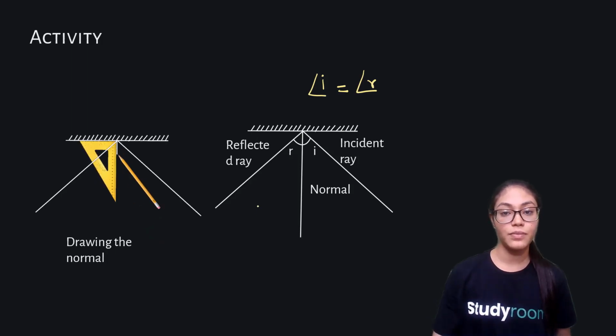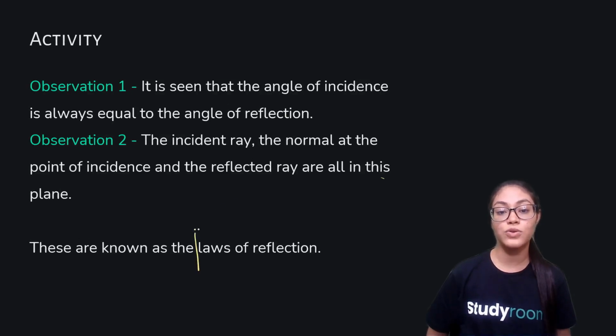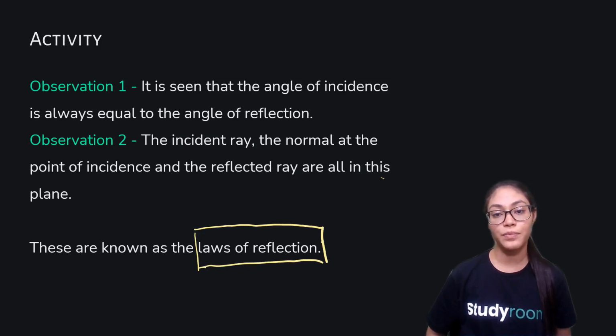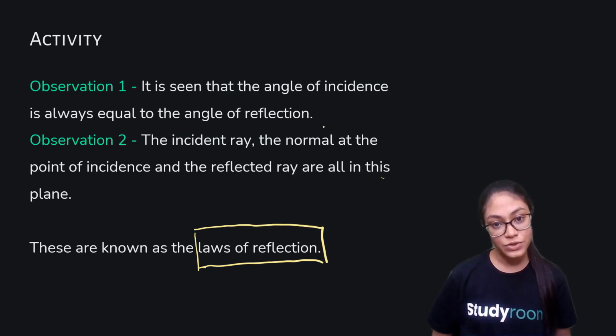Correct? So, these two observations are known as the laws of reflection, which are very important to remember. Okay, so let's see once again. It is seen that the angle of incidence is always equal to the angle of reflection. The incident ray, the normal at the point of incidence, and the reflected ray are all in the same plane. Okay, so these are the laws of reflection.